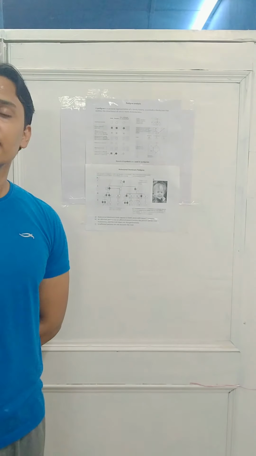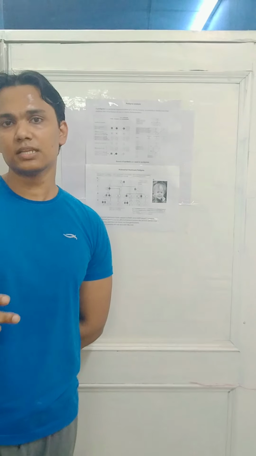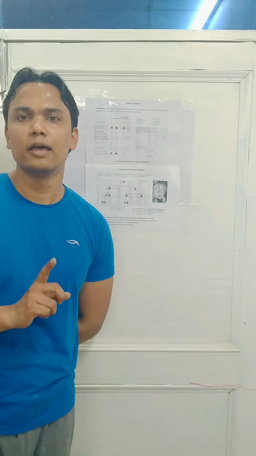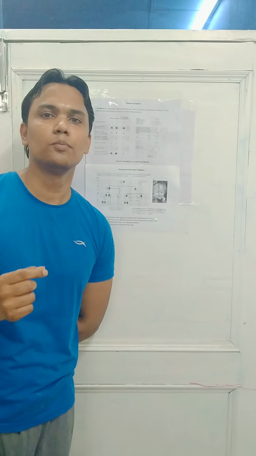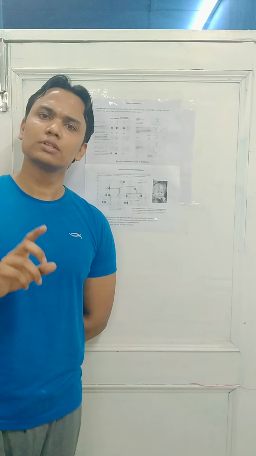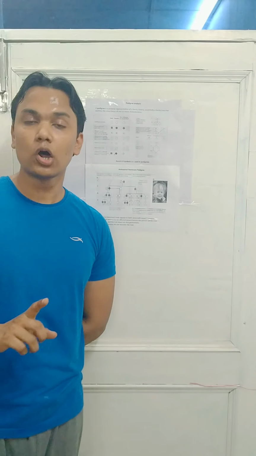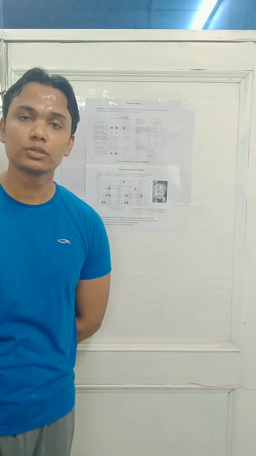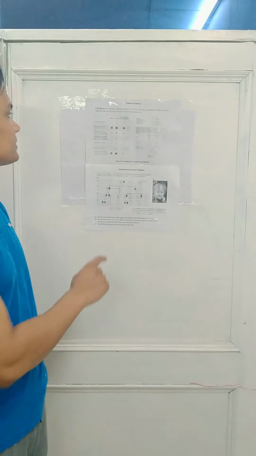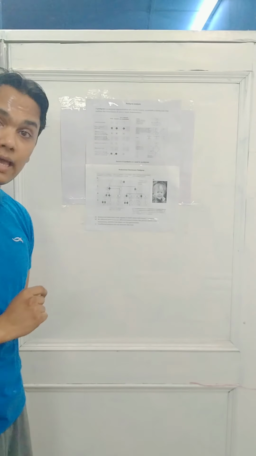Now, in this second case, consider a situation where you have one wild type copy, which is normal, and one copy which is mutated. These individuals carry that mutation, but they are not diseased. They don't show the disease. They are called obligate carriers.